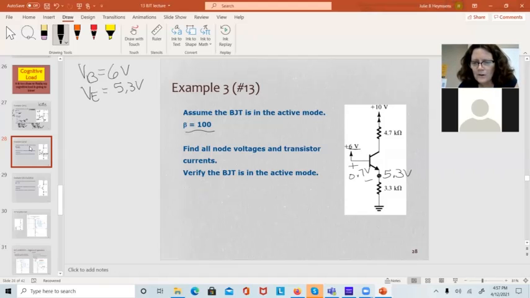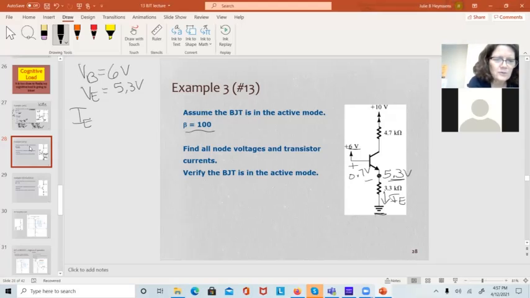I know the voltage on both sides of the resistor. I've got the resistance value. I can find IE. It's just easier to write in caps. I know these are supposed to be lowercase. IE will be, this is Ohm's law, the voltage drop across it, 5.3 minus 0.